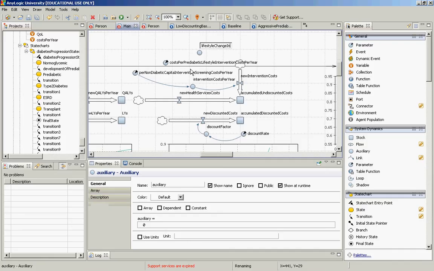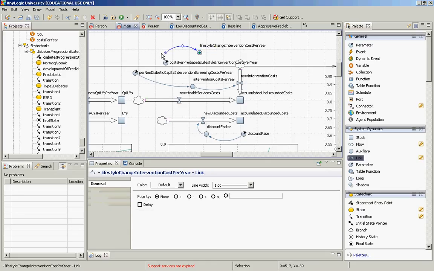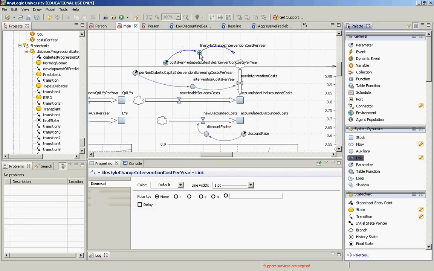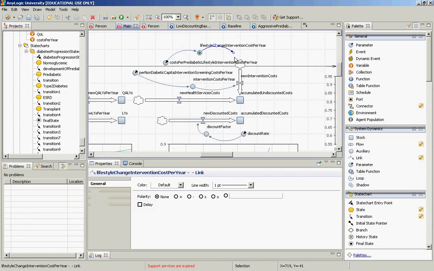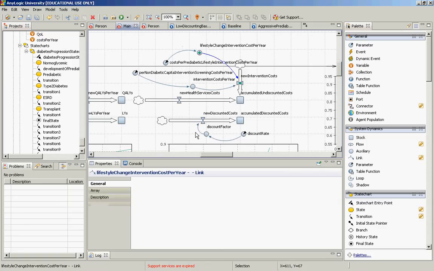Okay, and so we have costs associated once we found a pre-diabetic actually getting the change, and then we have some costs associated with screening. So this would be intervention screening costs per year.